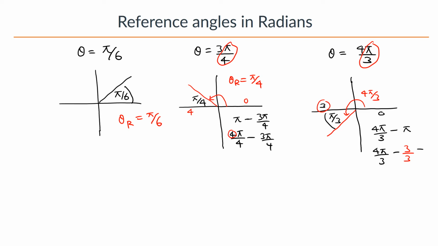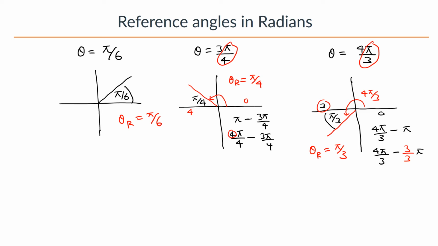Then 4 pi minus 3 pi is pi, so pi over 3. So again the reference angle you get for this one is theta r, which is pi over 3. So when you are in radians, you can just look at the main factor here. For the first one pi over 4, this one pi over 3, like that.